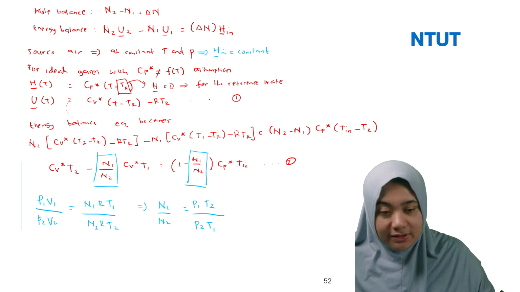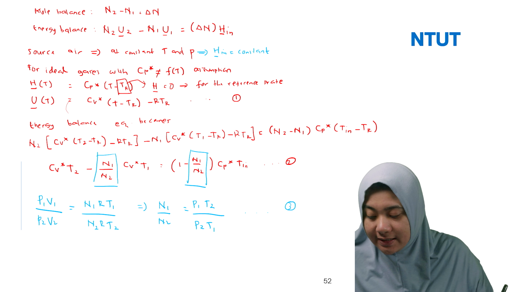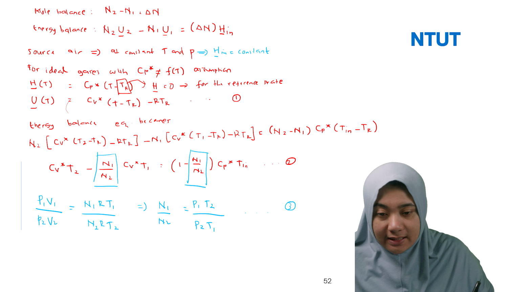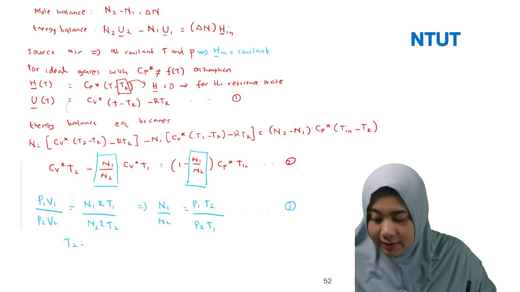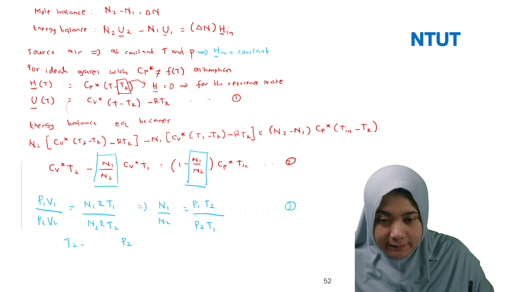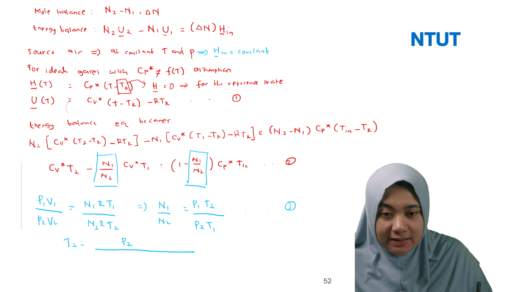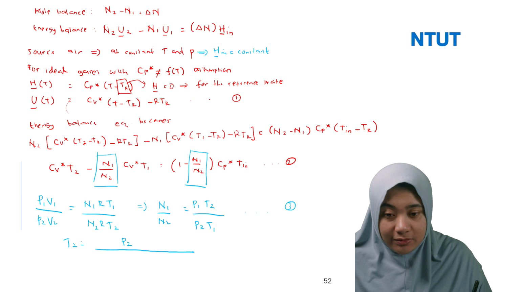So you can use this equation, substitute into the second equation, and then you will get T2 equal to P2 divided, substitute to here and rearrange the equations.